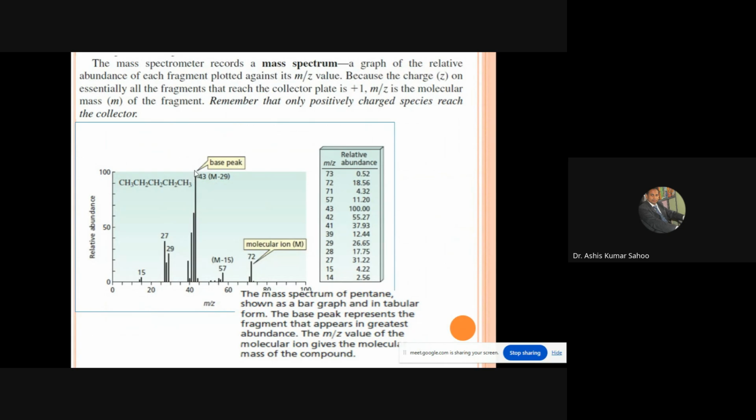This highest peak is the base peak, and these are fragment peaks. This peak is the molecular ion peak. Here you can see different mass by charge ratios. You will observe 43 with 100% abundance.